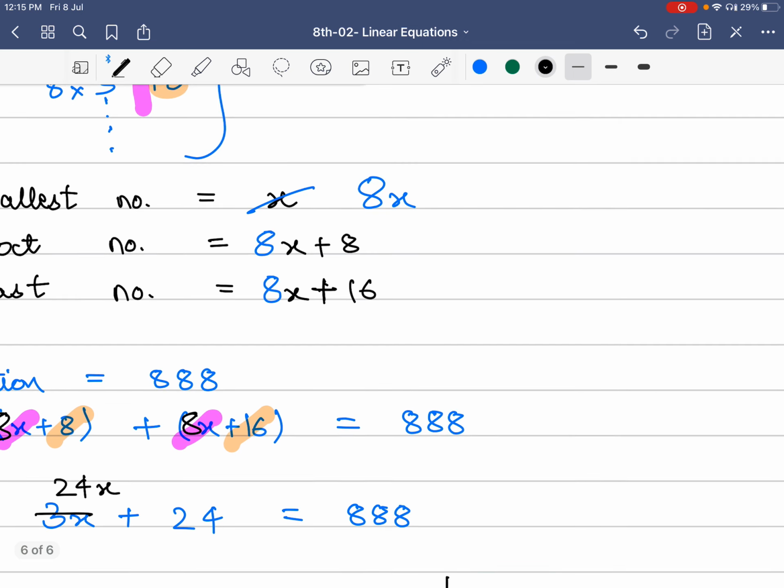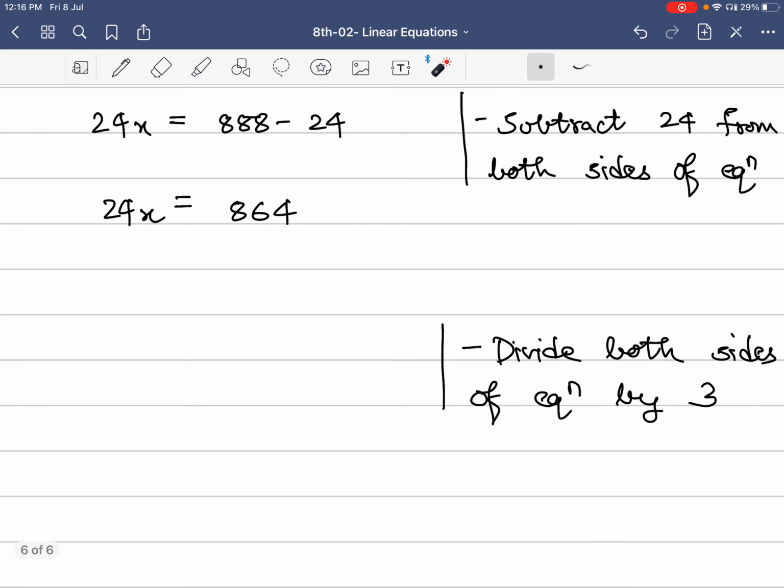And actually, what we want is x. So again, we still have to divide both sides of the equation by 3, because 24 is divisible by 3 and 8. 8 ones are 8, 0, 8. That is divisible by 3.